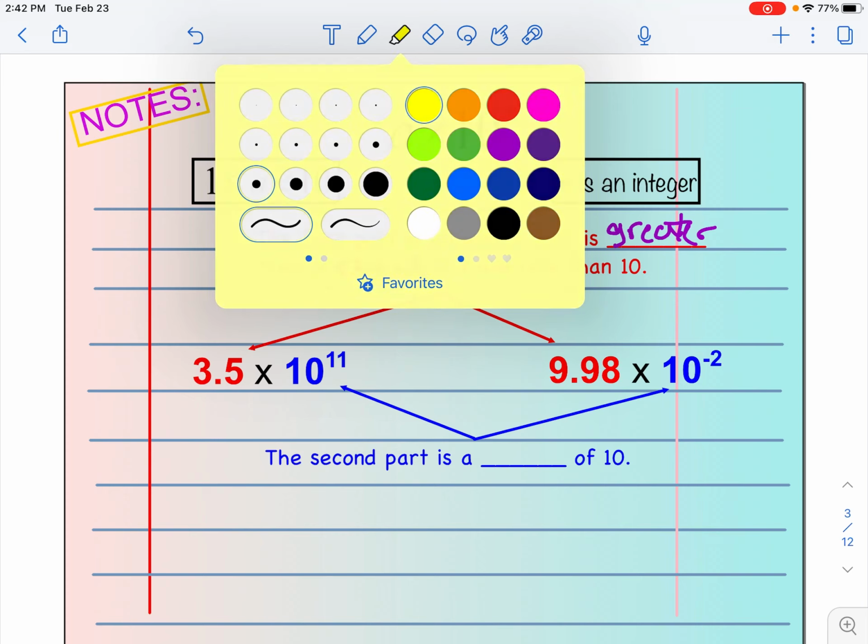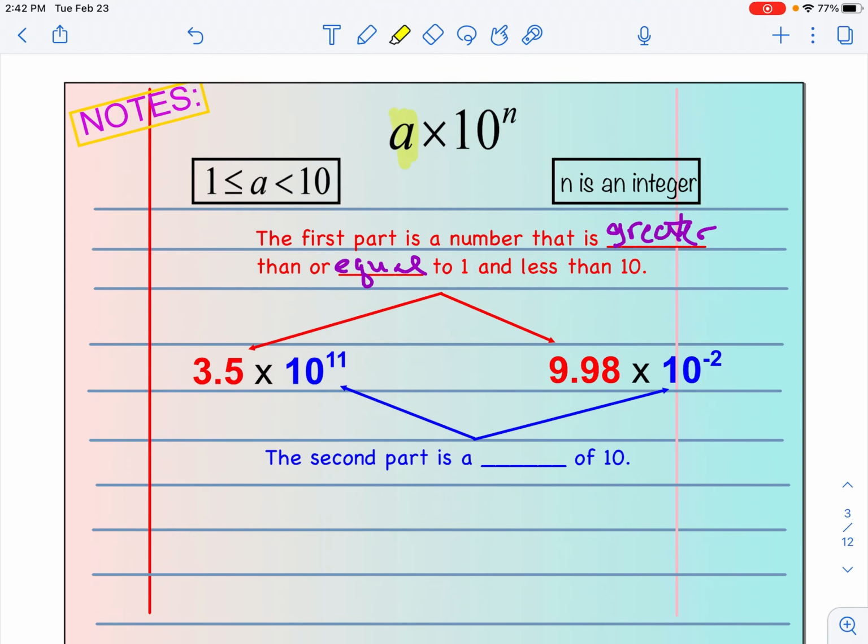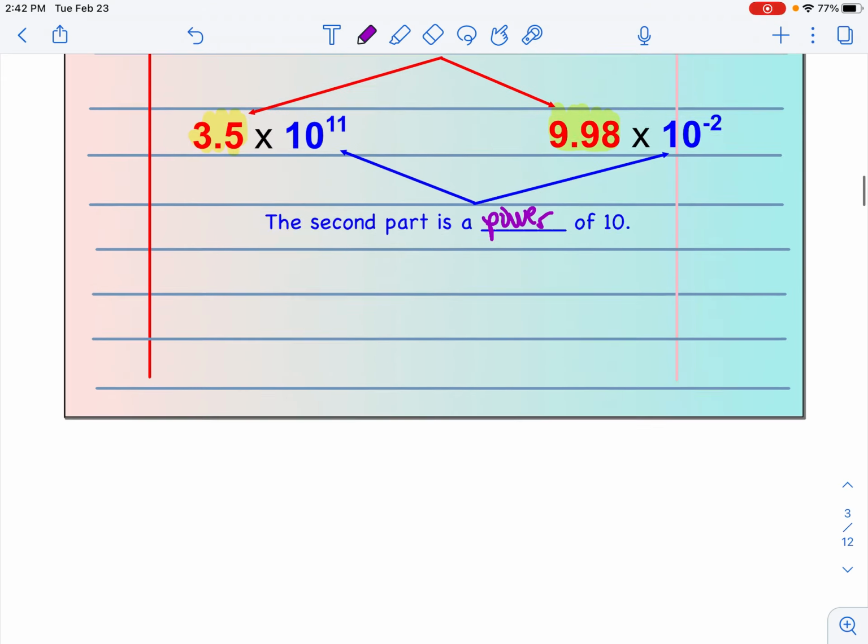So again, that first part, that first number, a, has to be greater than or equal to 1 but less than 10. So those are some examples for a. And the second part is going to be a power of 10. So it's 10 to a certain power.